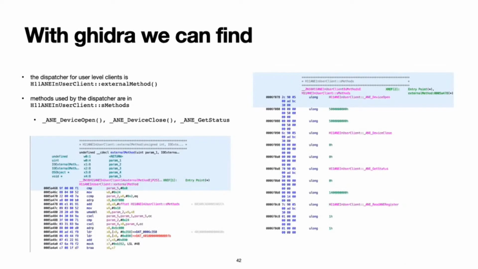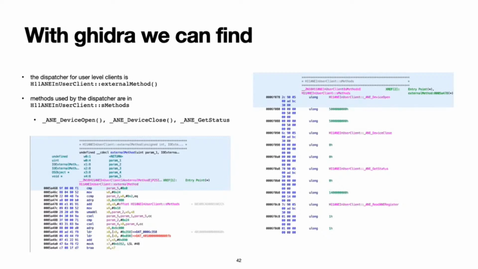Okay, external method, or say dispatcher, again. With Ghidra, we can find that for the ANE, the main dispatcher for the user client is the H11ANEInUserClient externalMethod.